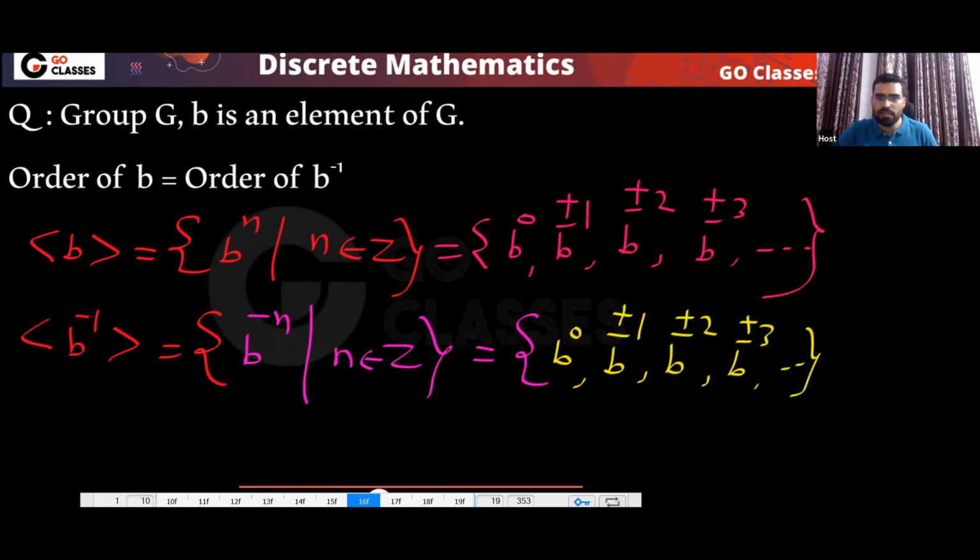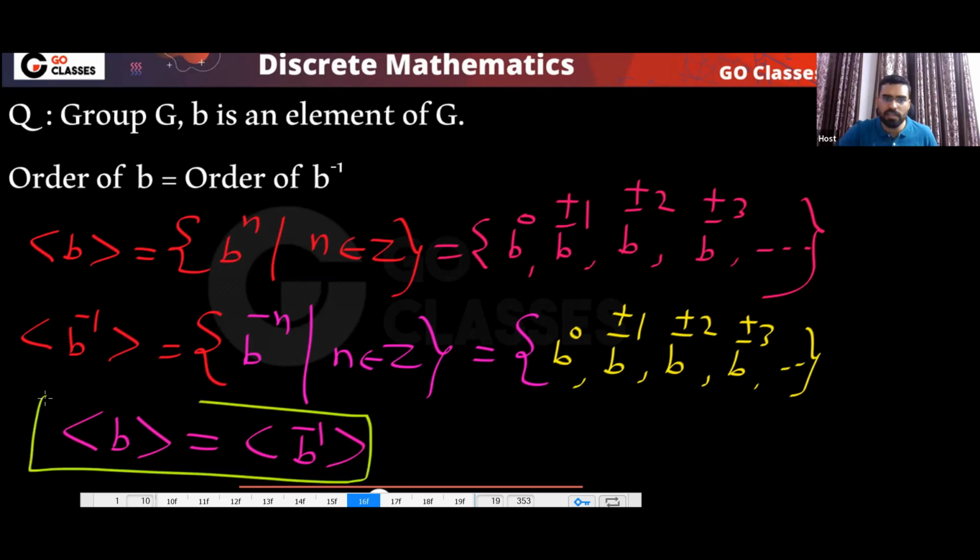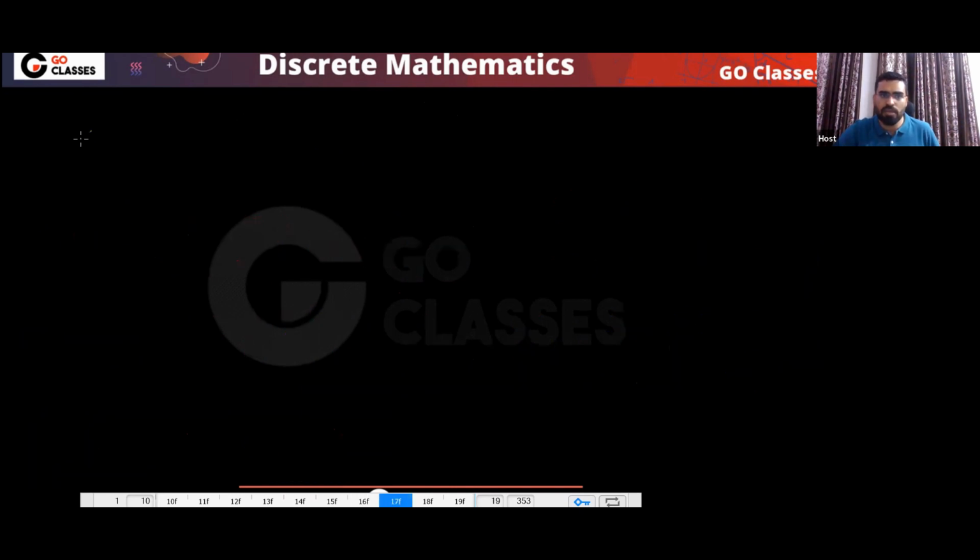So what you can say is that the subgroup generated by B is the same as the subgroup generated by B inverse. Both will generate the same subgroup. So I can say their order is also the same, because order is the size of the subgroup.